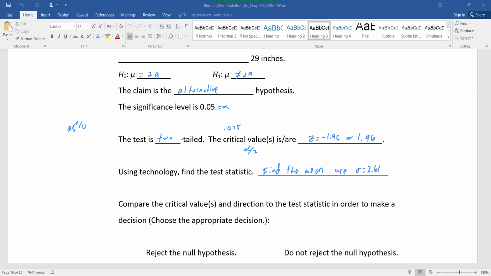All right, so we got 25 plus 32 plus 35 plus 25 plus 30 plus 26.5.